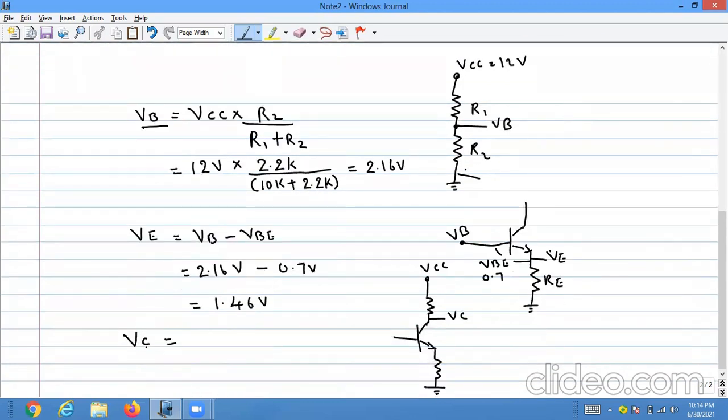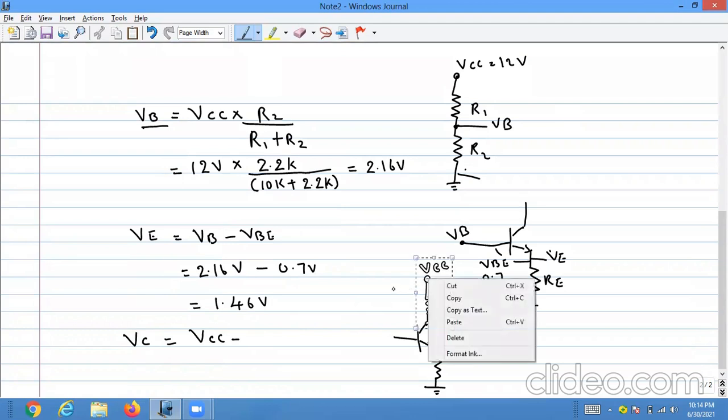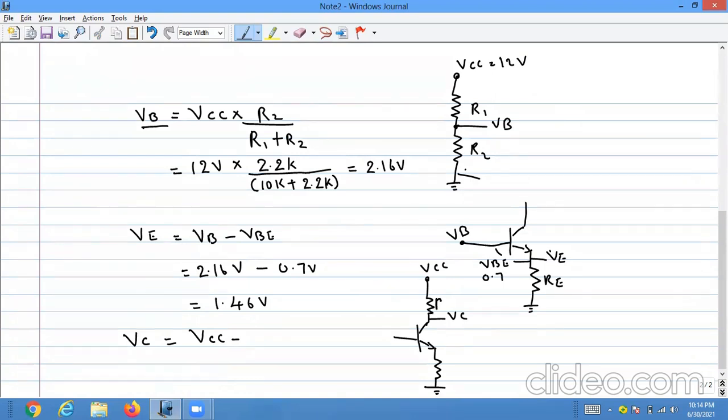For finding VC, the equation is VCC minus the voltage across this resistor RC, that is VRC.